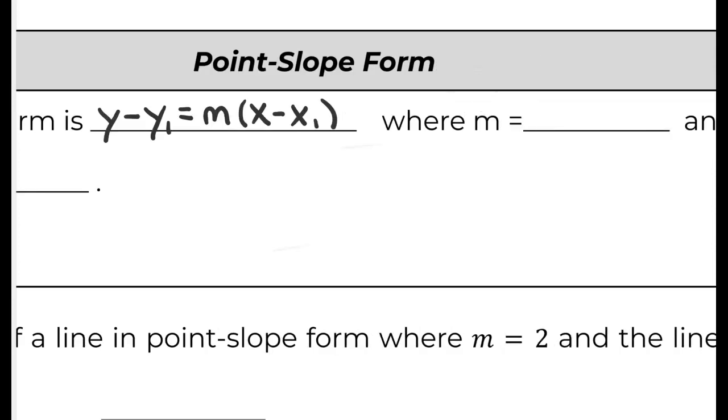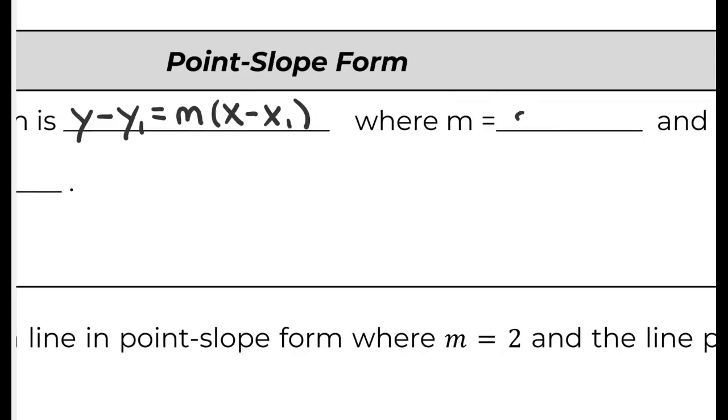M is still going to be our slope value, so m is equal to our slope.